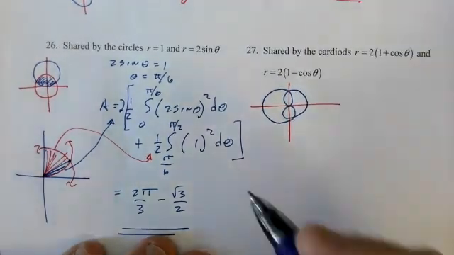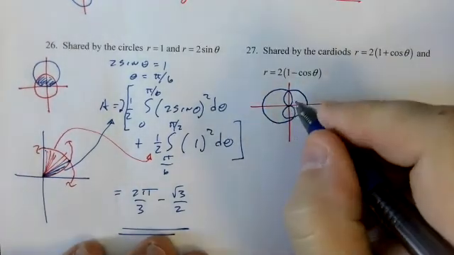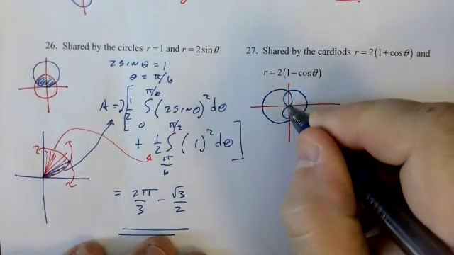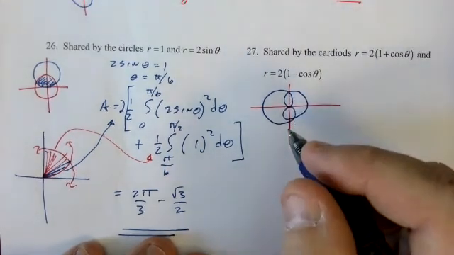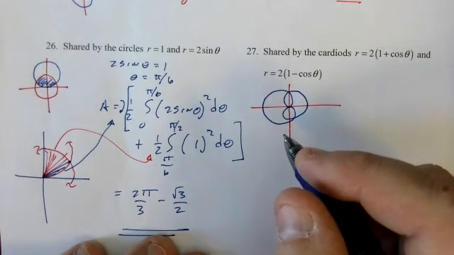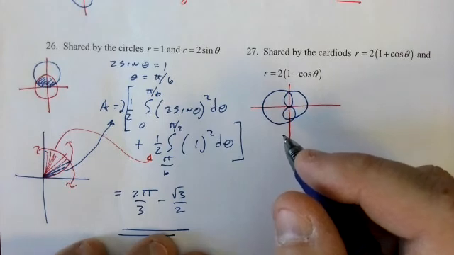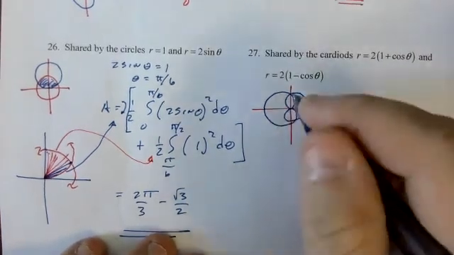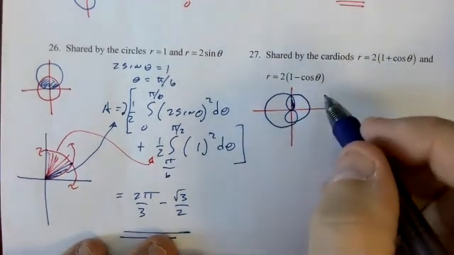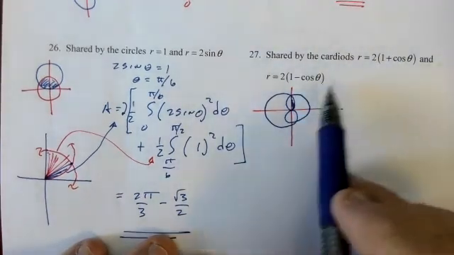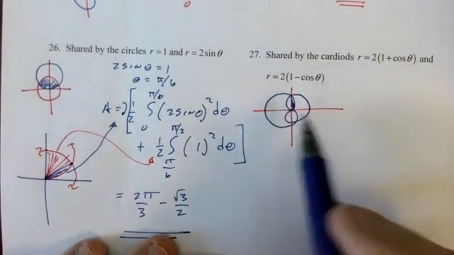I drew it so I can see what I'm talking about here. So if they're exactly the same size, I could just find one of them multiplied by 4, but I don't think I can do that. Yeah, actually I can. It's the same region 4 times over, even though I drew it badly. So let's just pick this one here. It doesn't matter which one I'll pick. I'll pick the 1 minus cosine theta over here, multiply by 4.